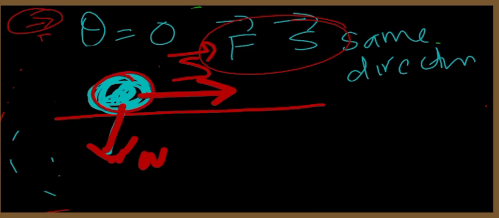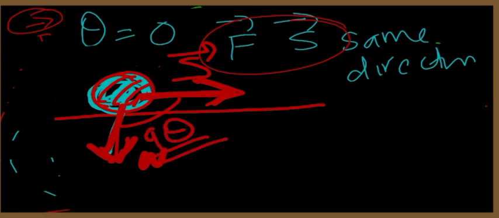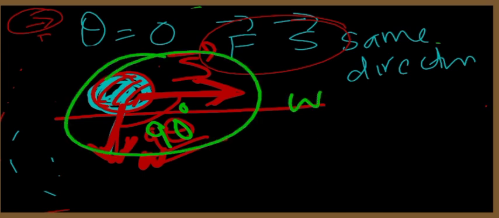The weight of the ball is acting downwards, and the reaction on the ball, the ball is moving horizontally, right? They are both perpendicular. That means here the angle between them is 90 degrees. So work done by these forces is 0.